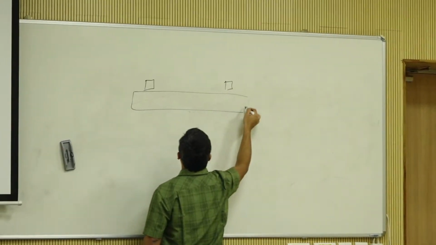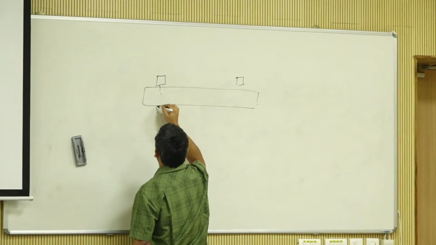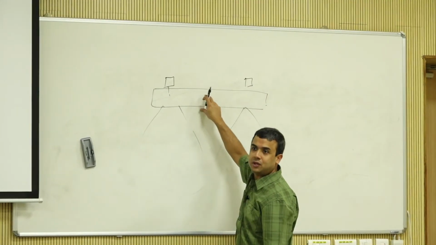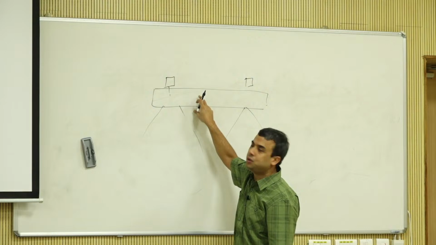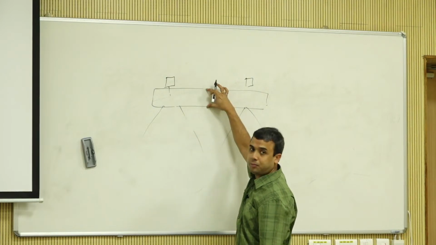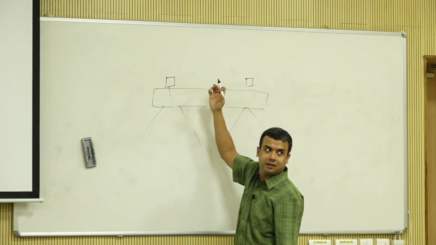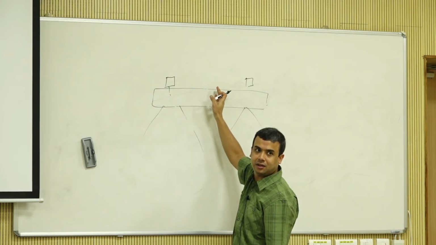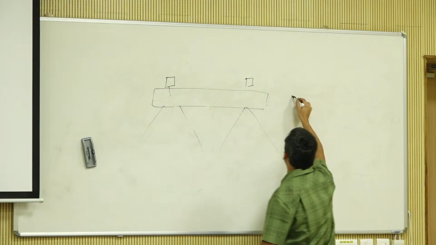So the loads are coming through this and then going like that and like that. So the question is, when you design a tie, do you really need the same thickness in the middle? You don't, right? Because there is nothing happening here. So that's the reason tie designs are usually like this.